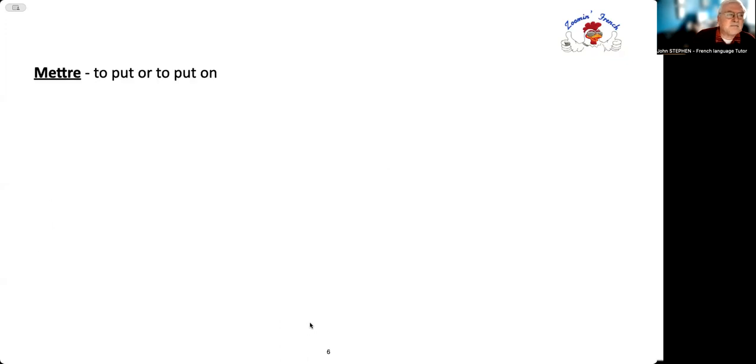Okay, so let's have a look at the verb mettre. Mettre means to put something or to put something on, like some clothes, for example. And let's have a look at how this one conjugates. So you've got je mets, tu mets, il, elle met, nous mettons, vous mettez, ils, elles mettent.